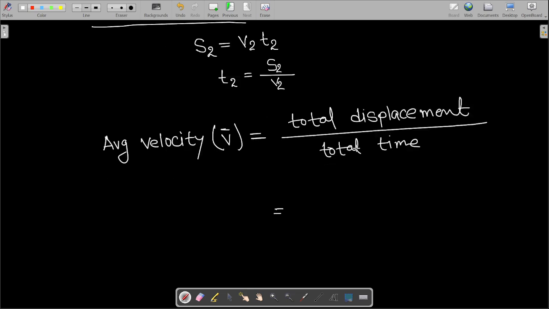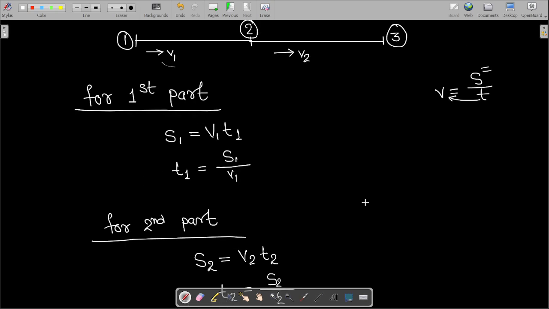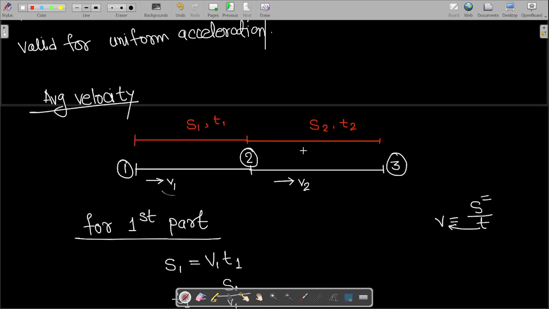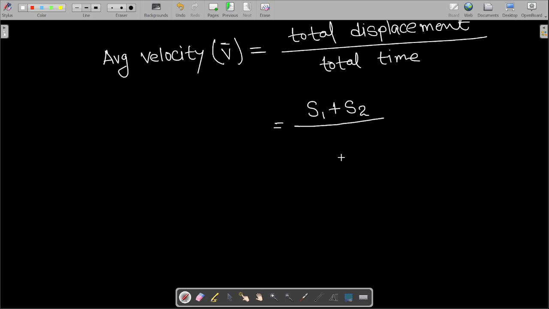Okay, s1 plus s2. And what is the total time here? t1 plus t2. Okay, good. So this is also a formula of average velocity.